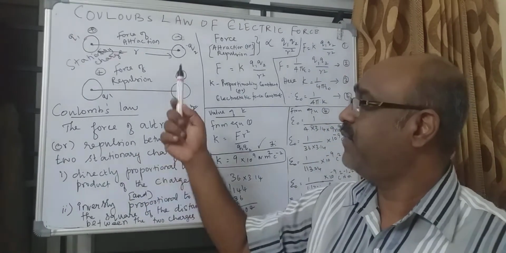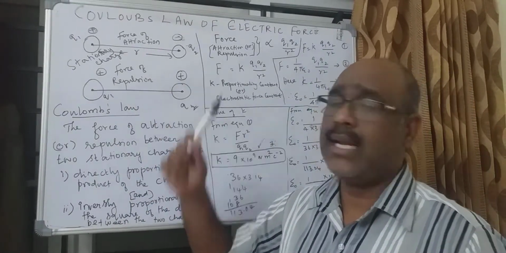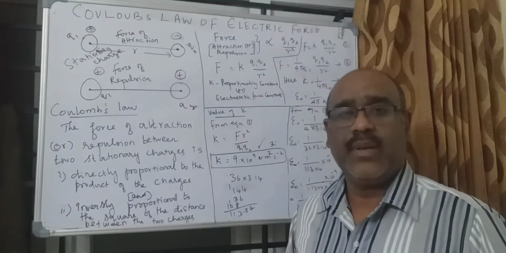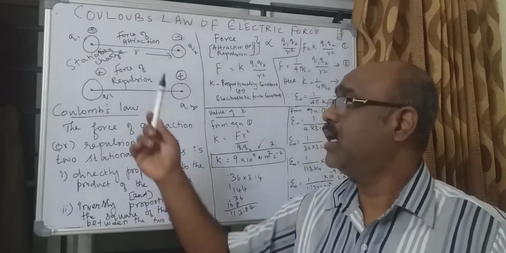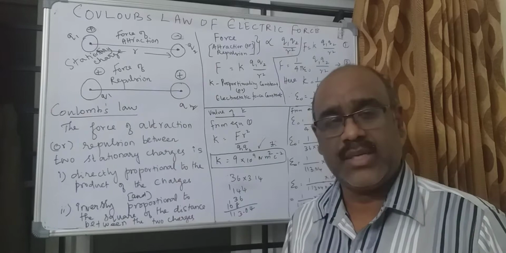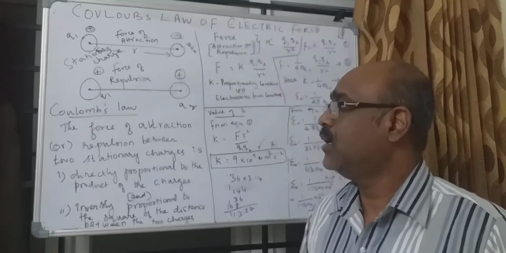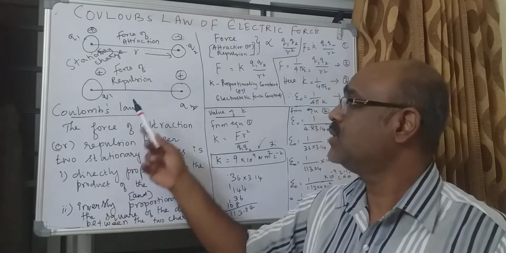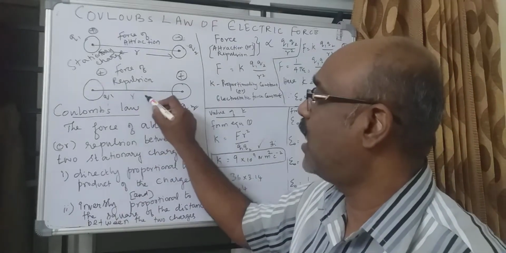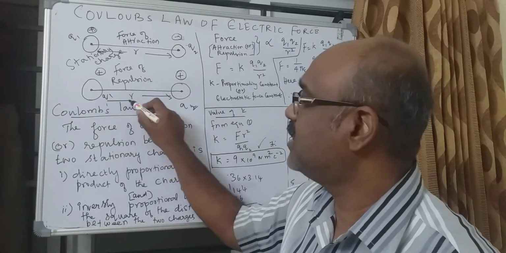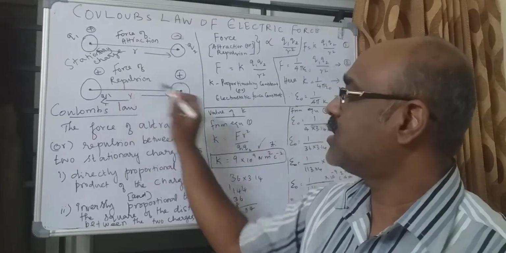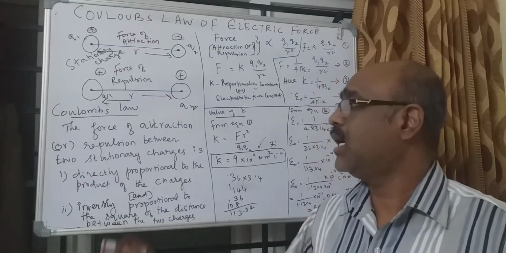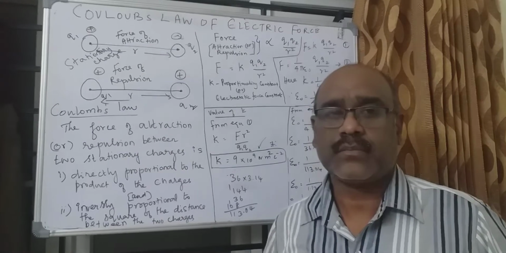The same way, if we take a negative charge and a negative charge, there will be a repulsion between the two negatively charged stationary charges. So these two charges are now separated by a distance r. Let us consider like this, the charges are separated by a distance r from its center.